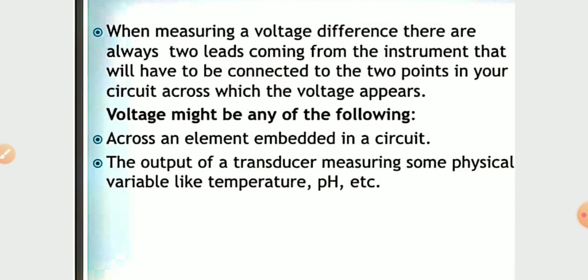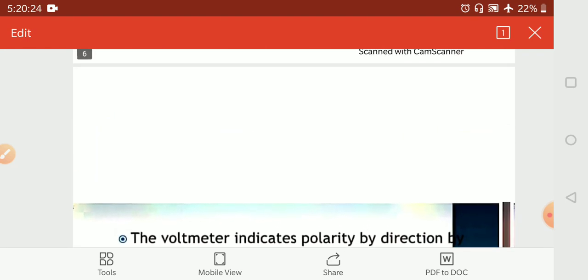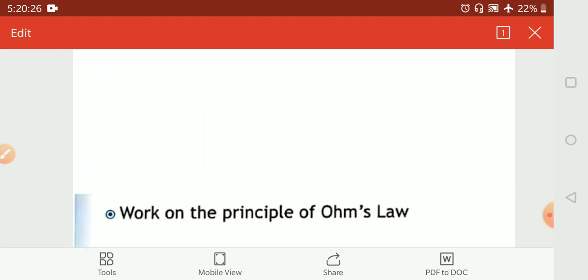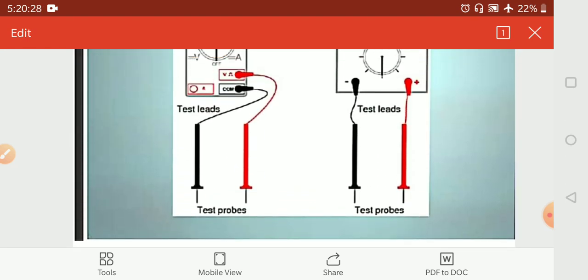When measuring a voltage difference, there are always two leads coming from the instrument that have to be connected to the two points in your circuit across which the voltage appears. Here we can see that we have two probes.